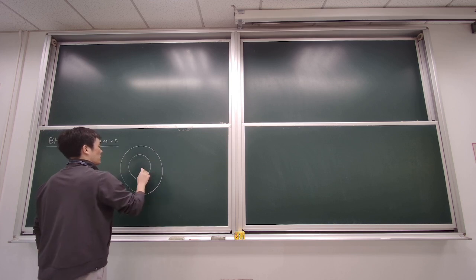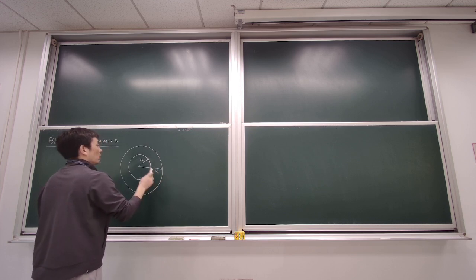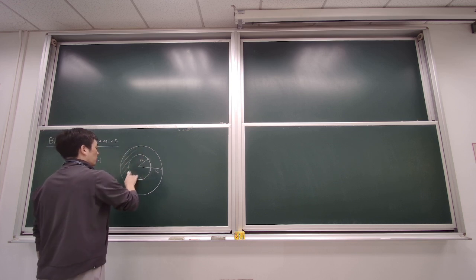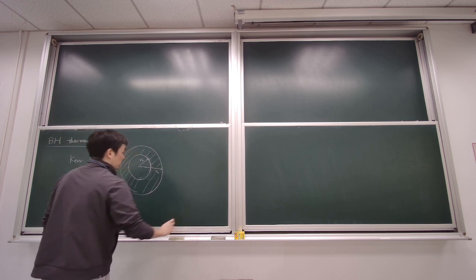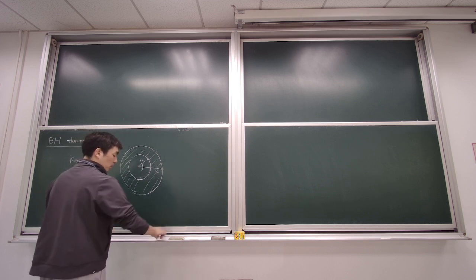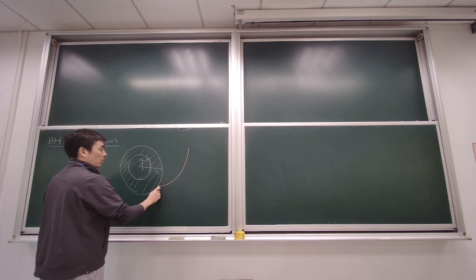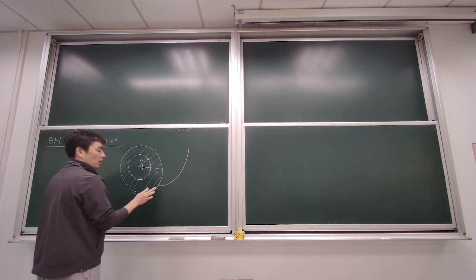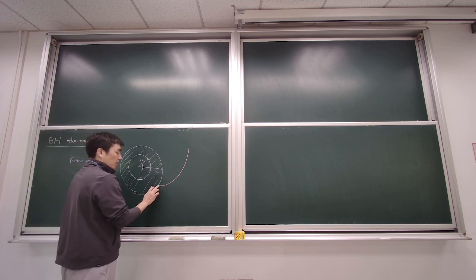So here is R plus, and R0, and here's the ergosphere. The rotating direction is this way, and then a counter-rotating particle enters. At the surface of the ergosphere, it becomes the static limit.